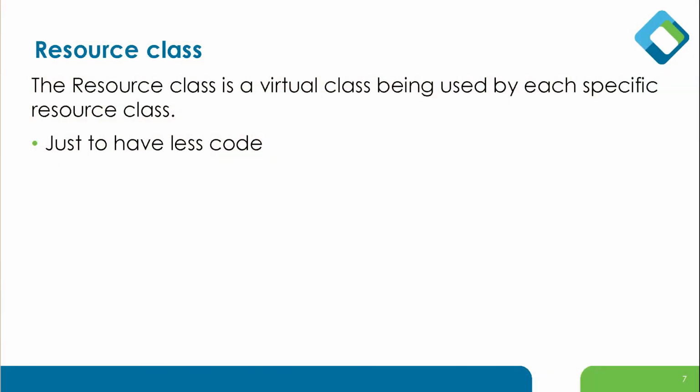So you don't have to touch that one. If you add a new resource and generate it again, this class will be adapted so that the new one being added is there as well. And the resource class, well, it's just a superclass so that we have to write less code. Just mention it, it's there, it doesn't do much.